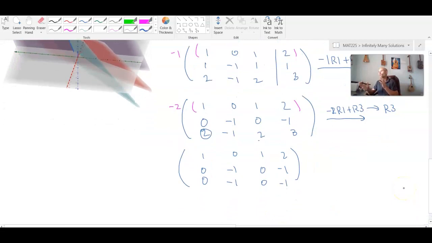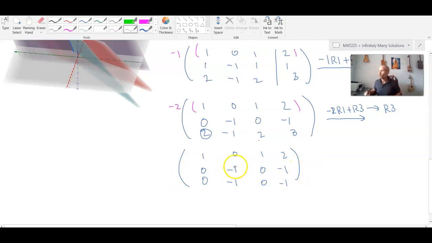I don't see any rows in which all the coefficients have been eliminated, leaving only the non-zero constants. So far so good. But I do see something interesting here. Rows 2 and 3 look hauntingly similar. In fact, they're identical. And this is where we're going to actually eliminate all of the values, make 0 out of an entire row.